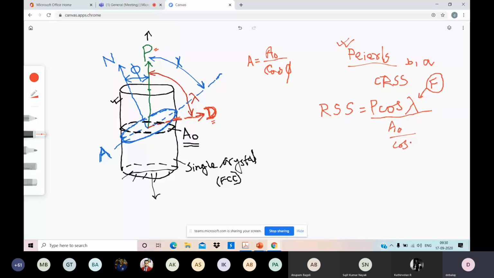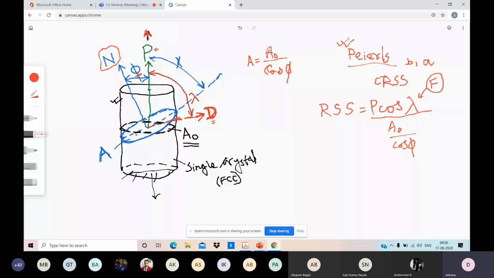What is n here? The direction n is making an angle phi with P, the direction of loading, which is also the longitudinal direction of the crystal. P is applied along the longitudinal direction of the crystal, which is perpendicular to the area A naught.